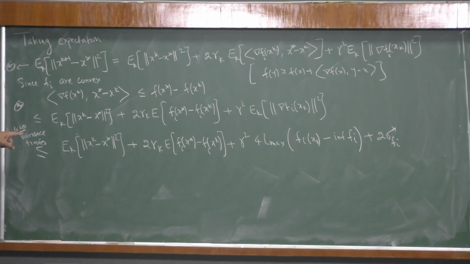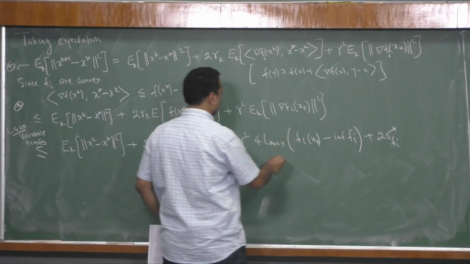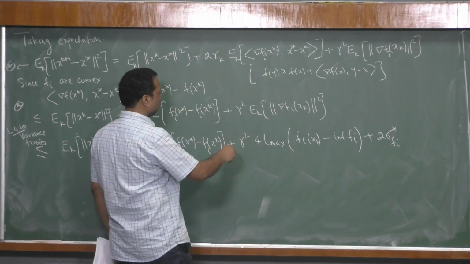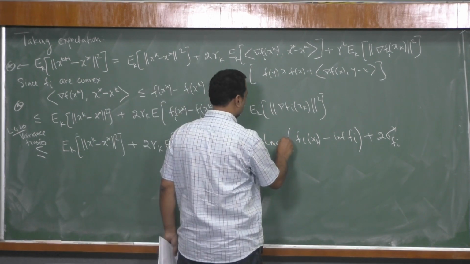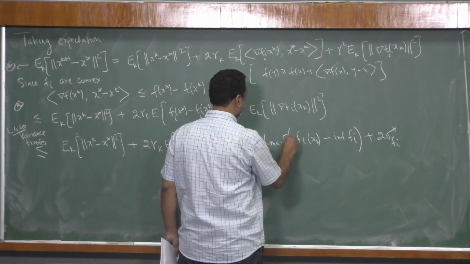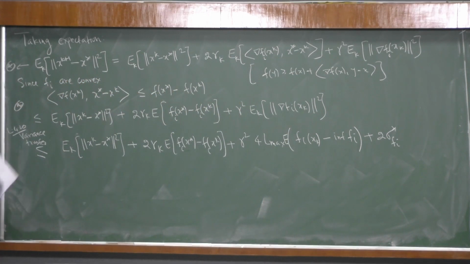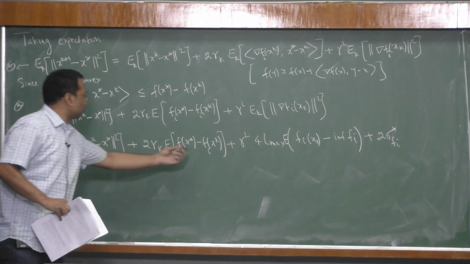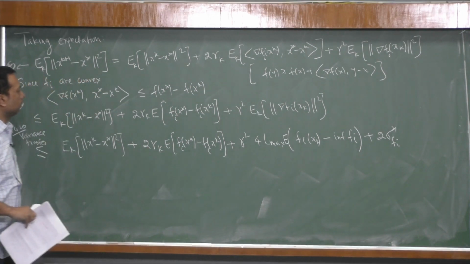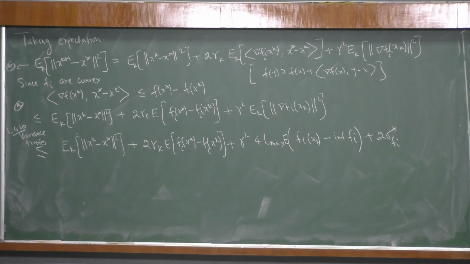So that's fine, we can immediately put one expectation there also. Nothing changes basically. Now this expectation term is common, given that I have to flip it here, otherwise I can take this common.